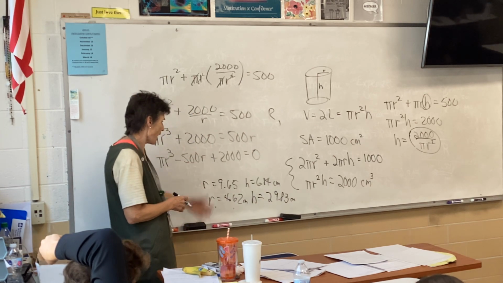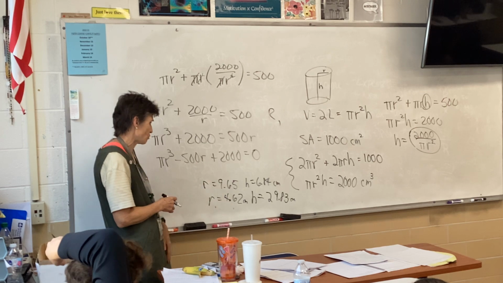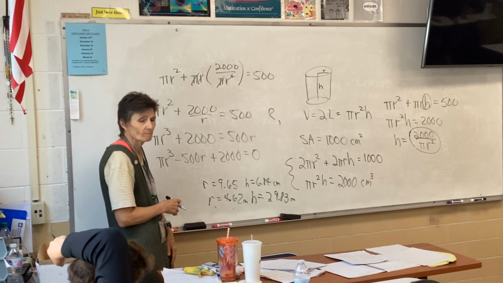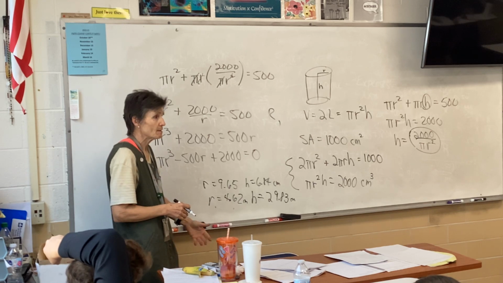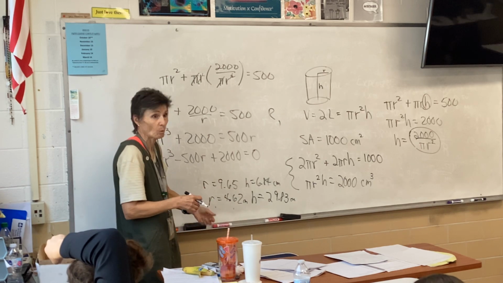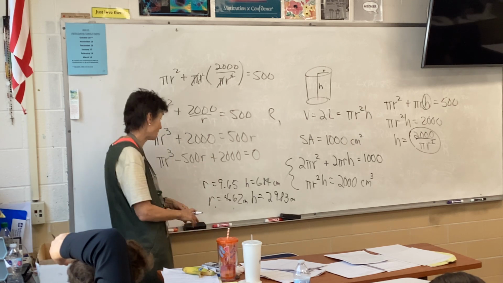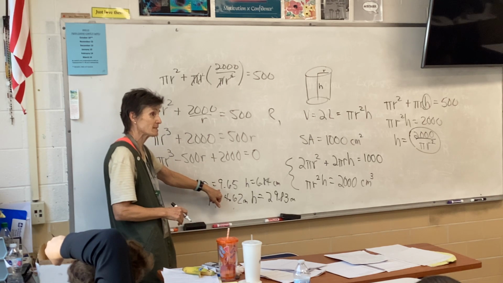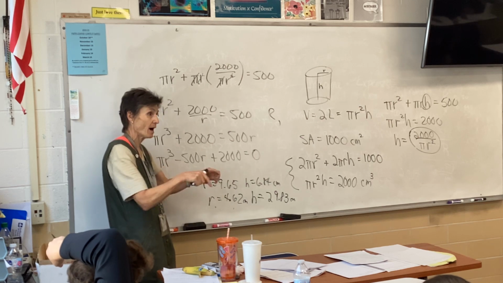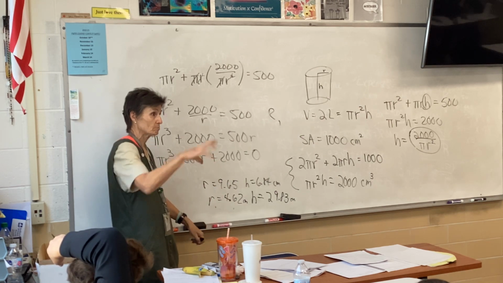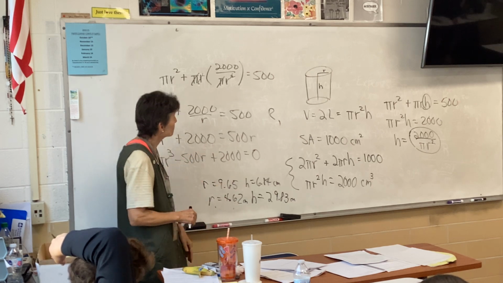So how would you decide if you were this person trying to figure this out? How would you make a decision? Either one would be fine, but which one stacks better, which one looks better to the customer, which one might be easier to handle. This one is so fat, that's 18 across, it might be hard to hold in your hand, so maybe you go with this one, who knows.